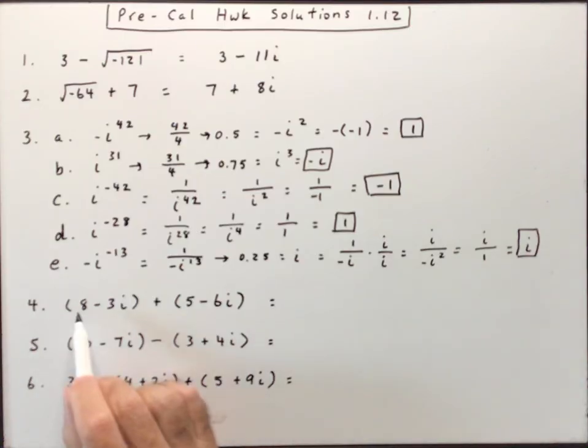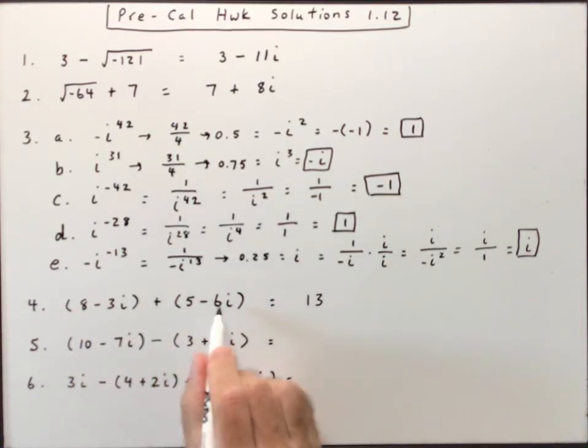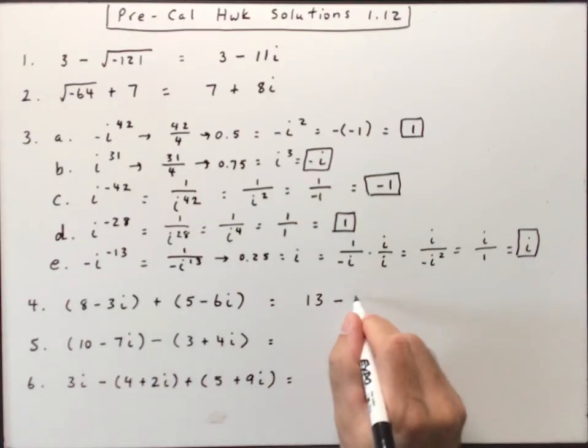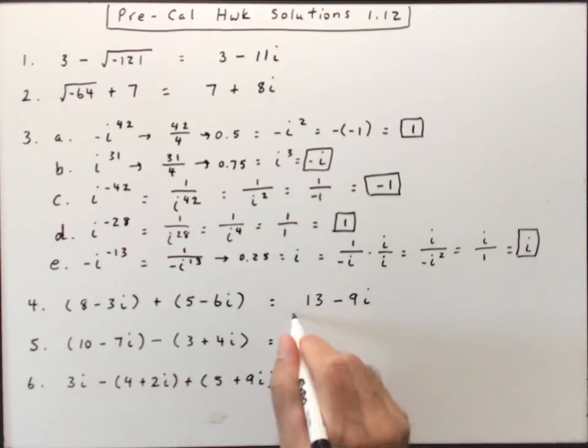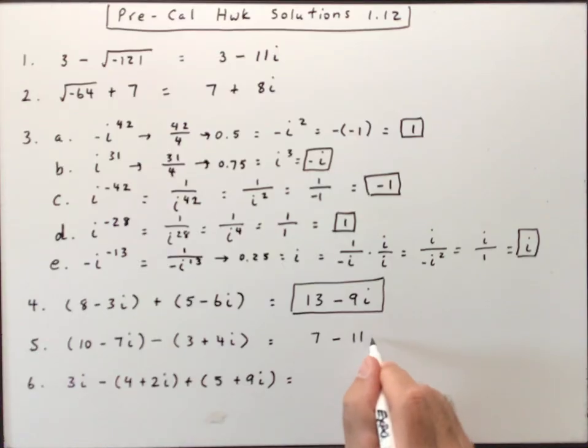All right, number 4, we're going to add the real part. That's 8 plus 5 is 13, and then negative 3 plus negative 6, so that'd be minus 9i. You'd probably like a lot of those on the test. 10 minus 3 is 7. Negative 7 minus 4, so that'd be negative 11, right? So 7 minus 11i.